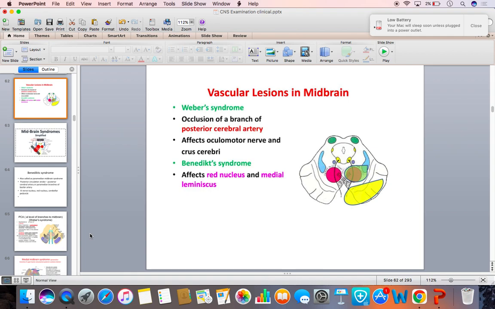The infarct involving the red nucleus and the crus cerebri is the lesion described under lateral midbrain syndrome or Benedikt syndrome, which results in ipsilateral third nerve palsy and contralateral hemiplegia, along with red nucleus and medial lemniscus involvement. Well, this is in brief, my dear students, about the third nerve lesions.